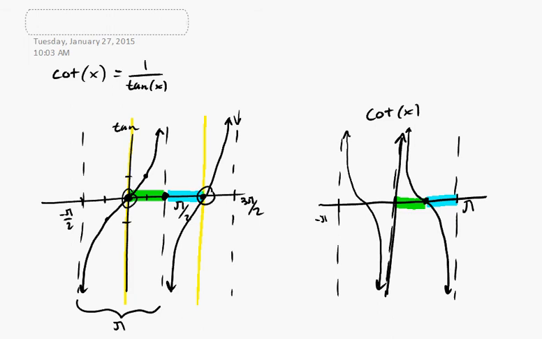So if you were able to do tangent transformations, you should be able to do cotangent transformations. Just remember that the period is still pi, but the period is shifted over pi over 2 from what the tangent was. So while we had a pi period centered around this 0 right here, now we have a pi period centered around pi over 2.